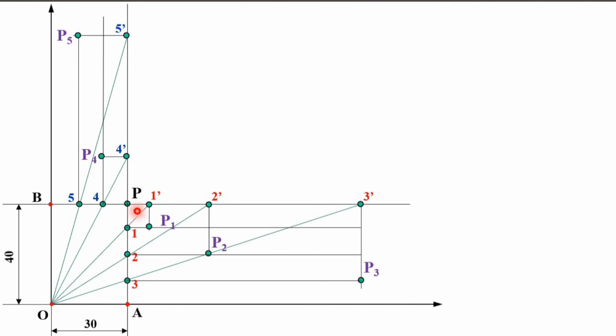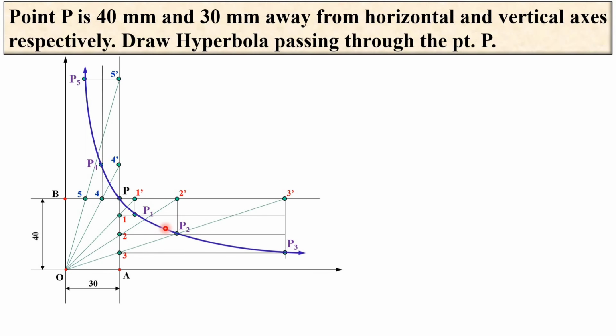So here you can take a total of 6 points, 3 from the left side of P and 3 from the right side of P. Now draw a smooth curve which passes through all the points P5, P4, P, P1, P2, P3. Keep in mind that it should have arrows on both sides, and this is your hyperbola.